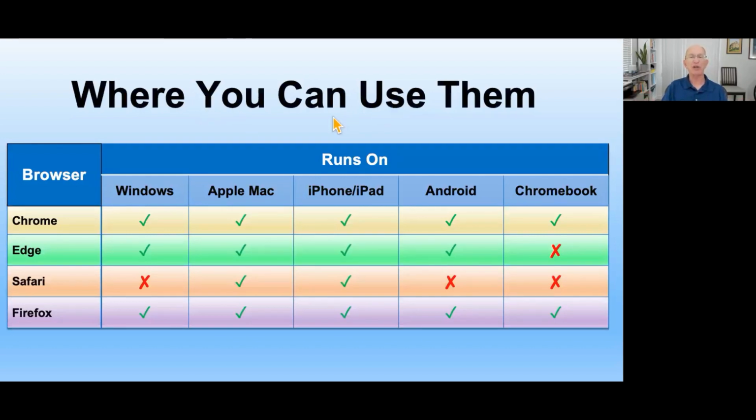Okay, this is something I'm going to try and work on for all of my software technologies that I look at, is that there's a column for runs on Windows, Apple, Mac, iPhone, iPad, Android, Chromebook. Okay, Chrome runs on everything. Okay, Edge runs on everything except Chromebooks.